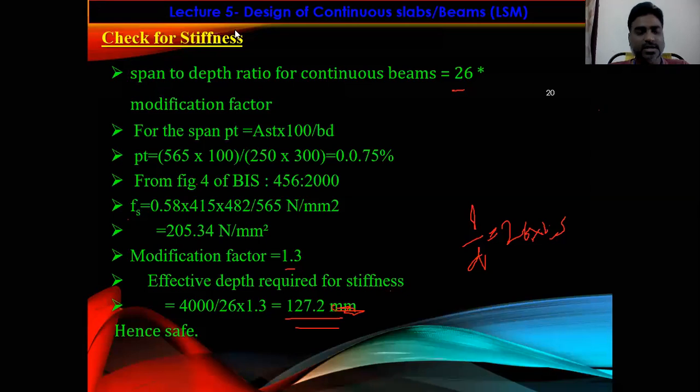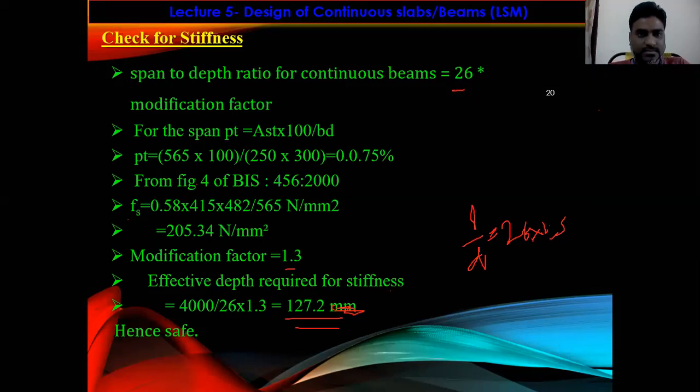Let me check once whether it is satisfied or not. L effective we got as 4000 by 300, so it is 13.33. Whatever the allowable value, 26 into 1.3, sorry, 4000 divided by 26 into 1.3, is approximately 199 by the speaker's calculation.